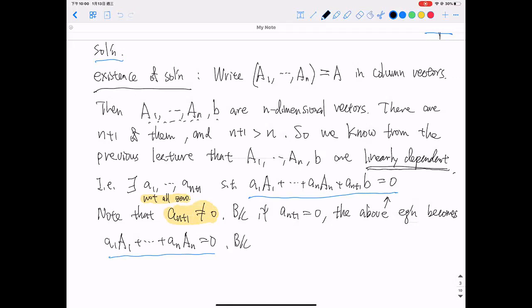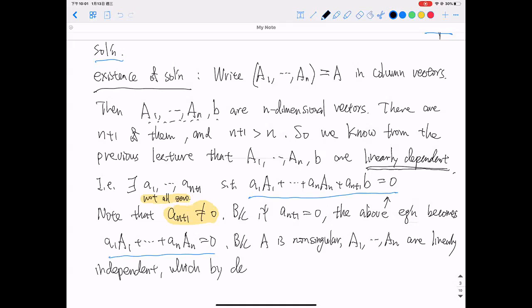Now, because A is non-singular by assumption, we have, as we've seen above, these vectors A1 through An are linearly independent, which by definition means that the coefficients in this equation, a1 through an, are all 0.